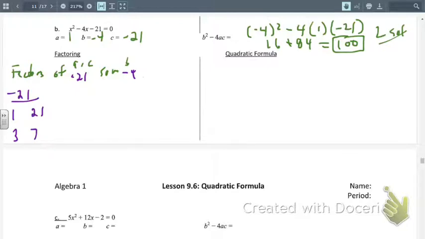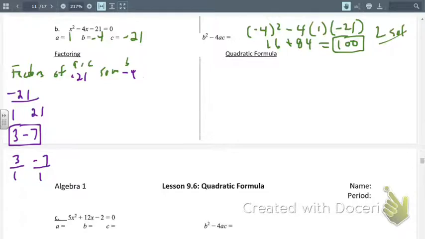We want factors of negative 21, so one has to be positive and one has to be negative. So I have to make that 7 negative in order to get a sum of negative 4. So we write 3 over our a, which is 1, and negative 7 over our a, which is 1.